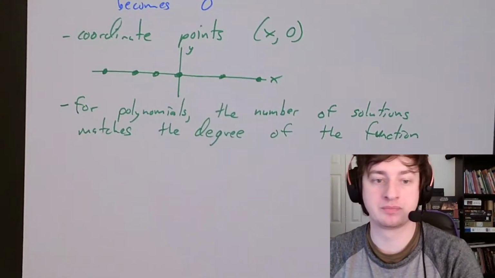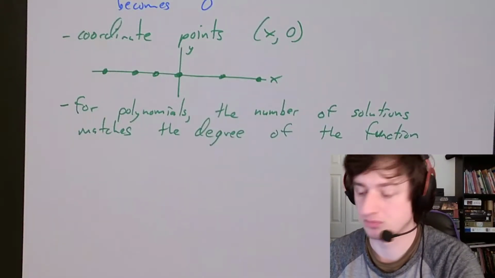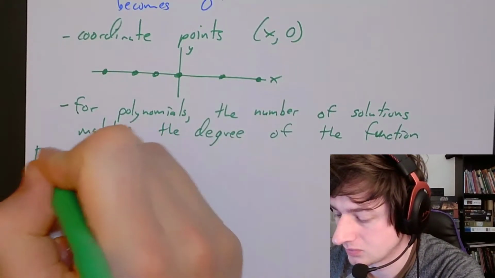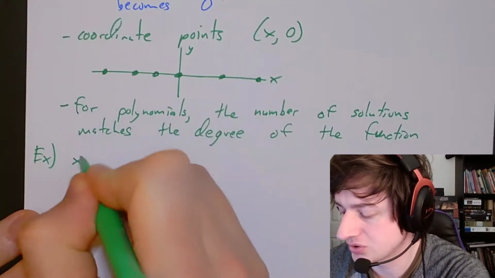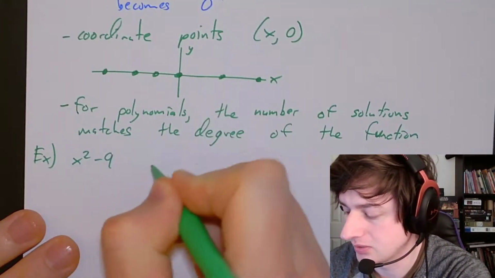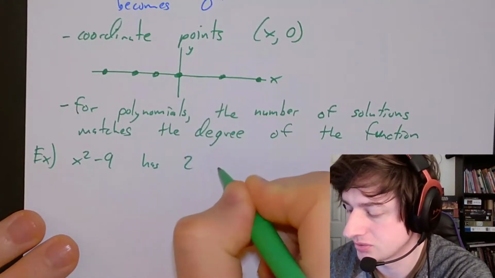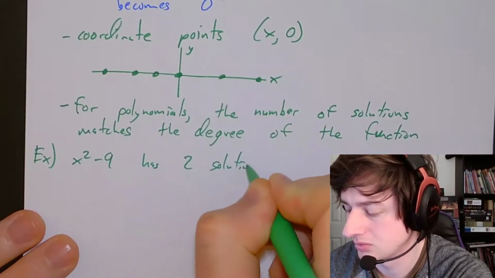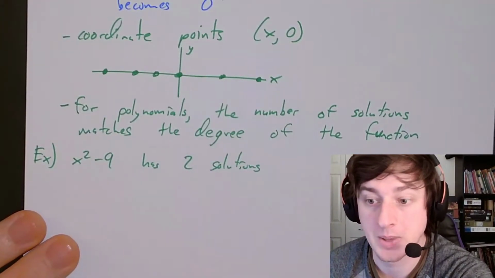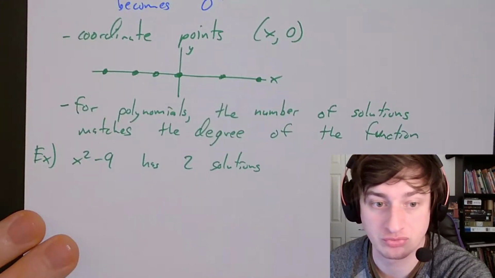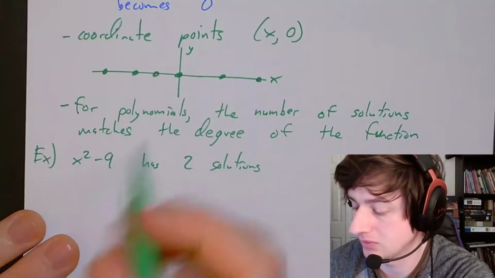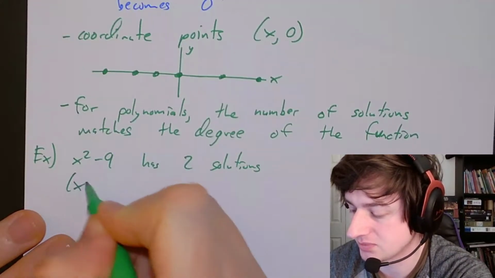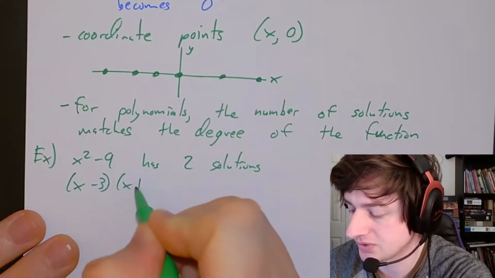So, for example, x squared minus 9 has 2 solutions. x equals 3 and x equals negative 3. Right? If I factor this, I get x minus 3 and x plus 3.